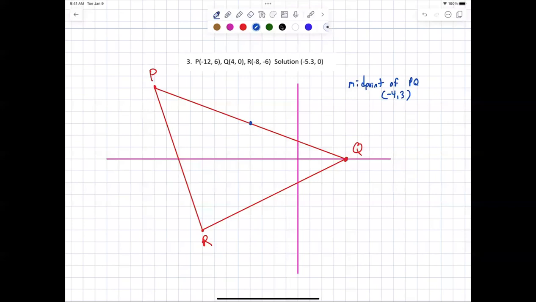Now drawing your line from here to here. So now I need that slope. What is that slope? Slope of the blue line.